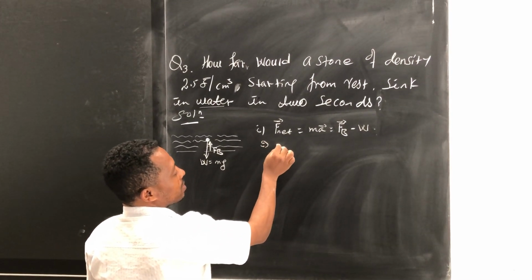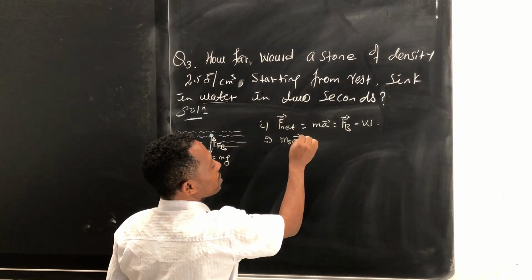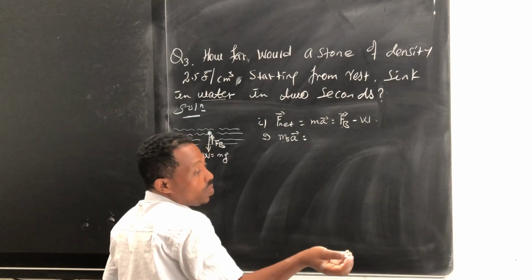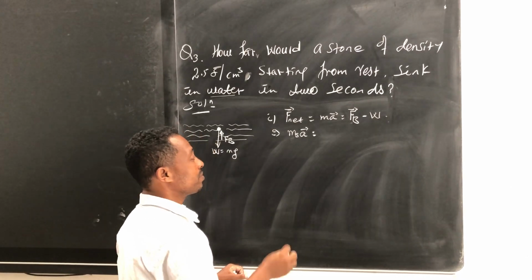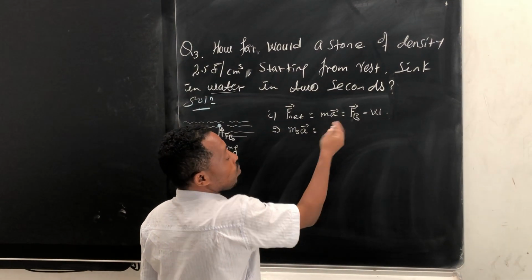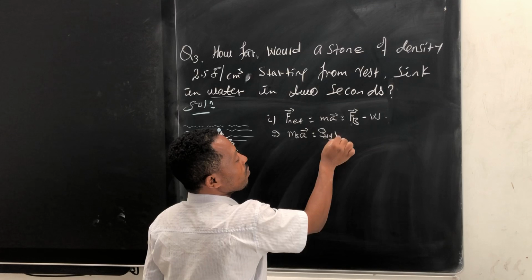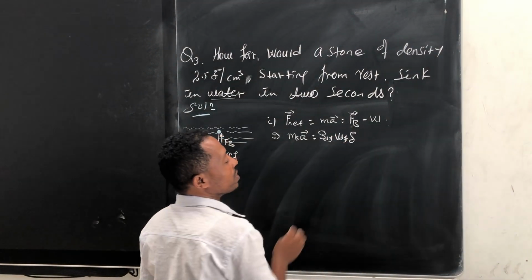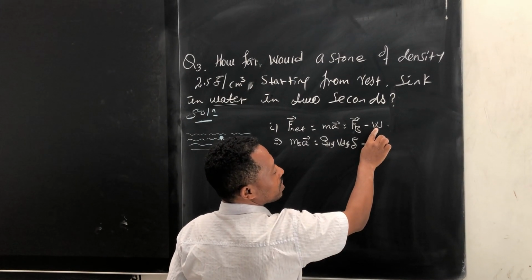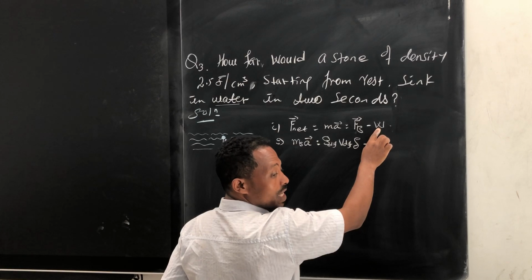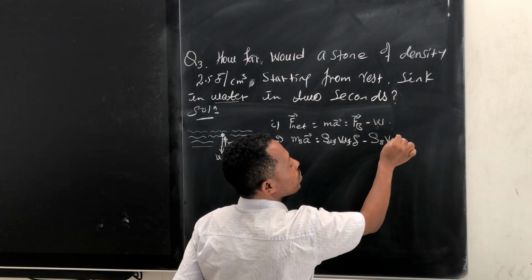So, my dears, ma, where m is the mass of the stone, times acceleration, equals the force of buoyancy, as we have discussed earlier in your regular class, that is simply the weight of the displaced fluid, the density of the displaced fluid times the volume of the displaced fluid times g, minus mg, where m is the mass of the stone, and hence the density of the stone times the volume of the stone times g.